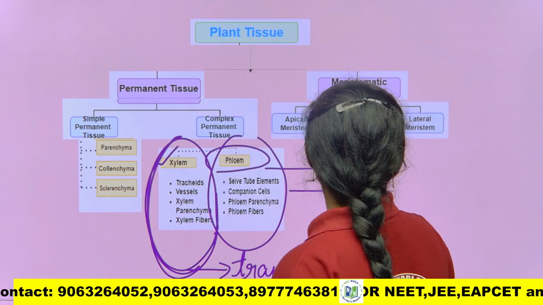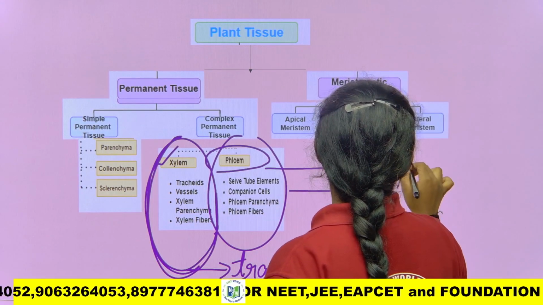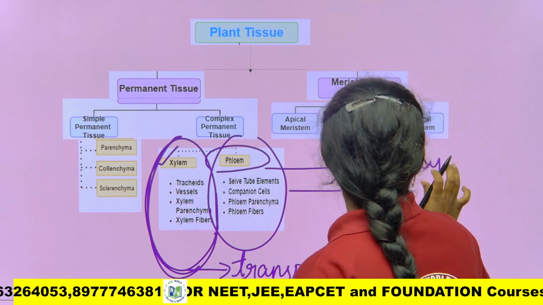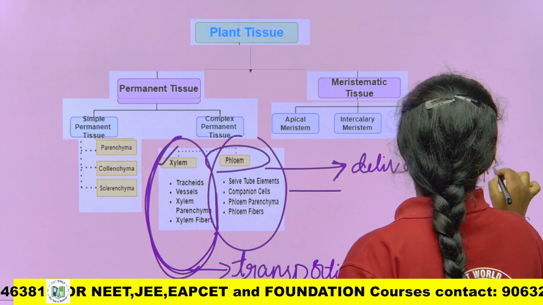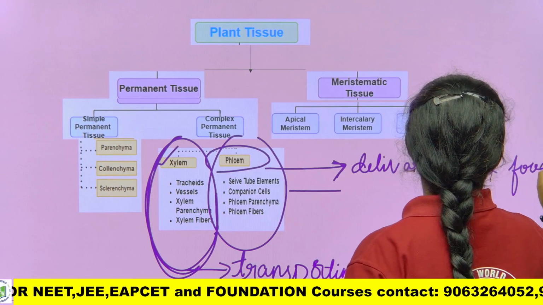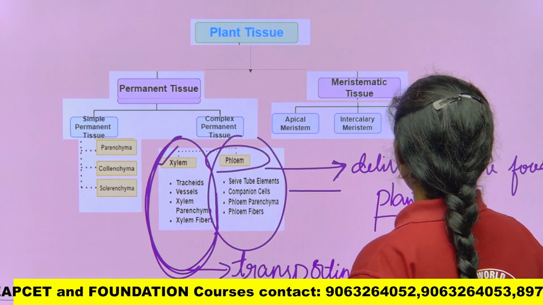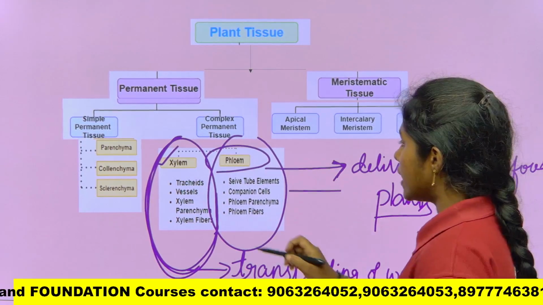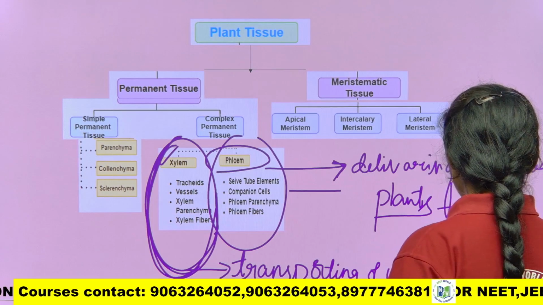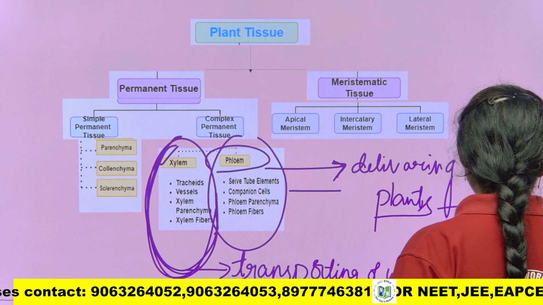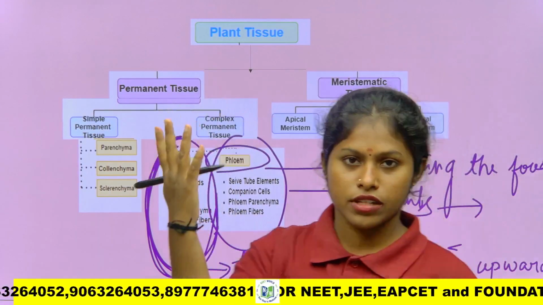Phloem is delivering the food to all parts of the plant, right? So, it is not only one direction. The xylem is always in the upward direction, because the water is available in the soil, in the ground. So, through the xylem tissue, it always travels upward.